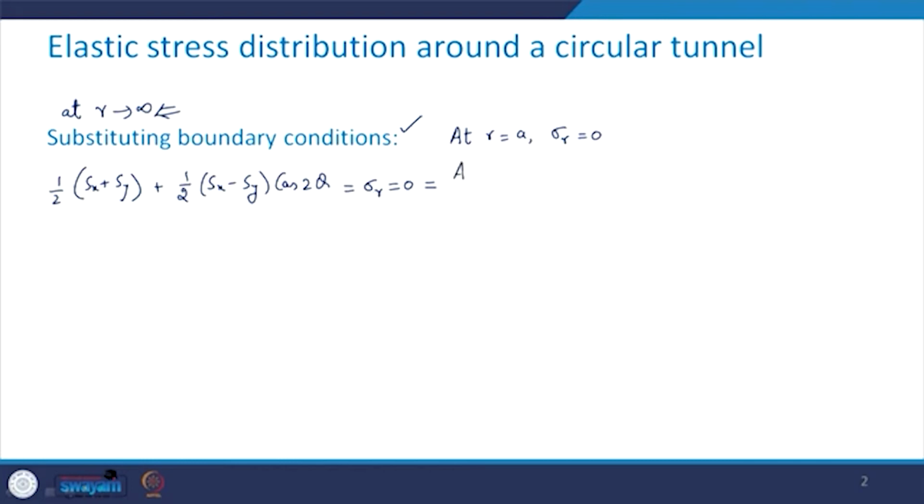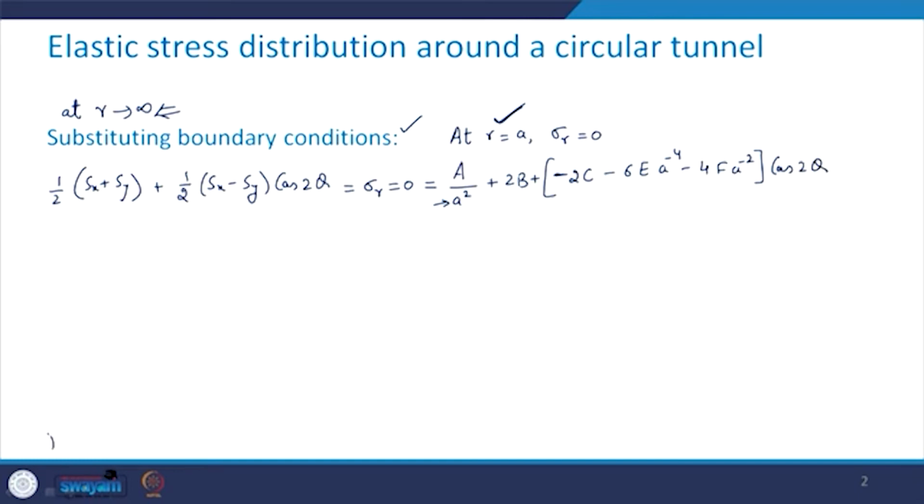So, that is going to be A upon a square, since I am applying this equation at r equal to a, plus 2b plus minus 2c minus 6e a to the power minus 4 minus 4f a to the power minus 2 into cos of 2 theta.